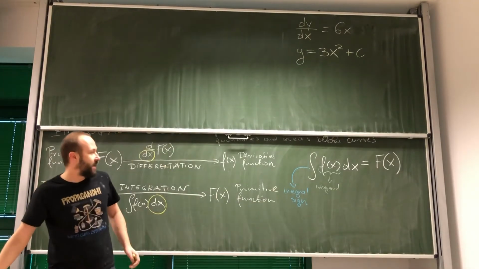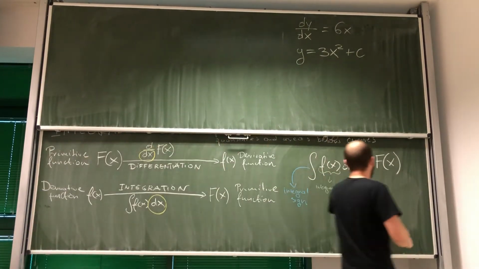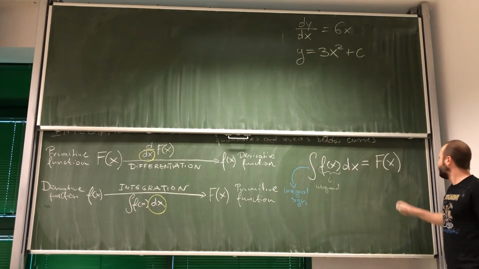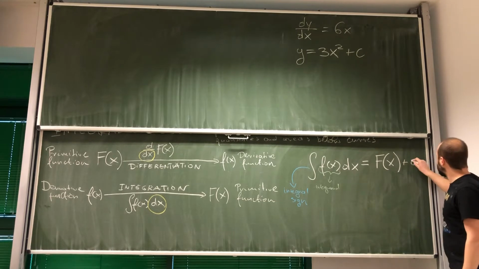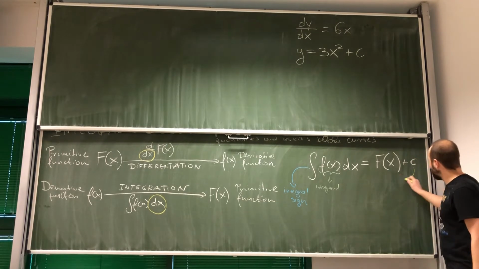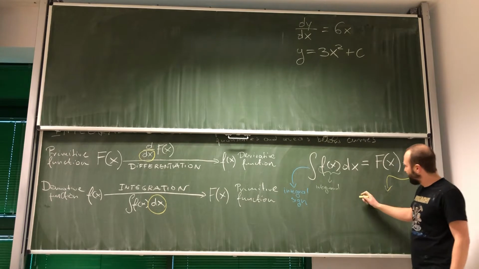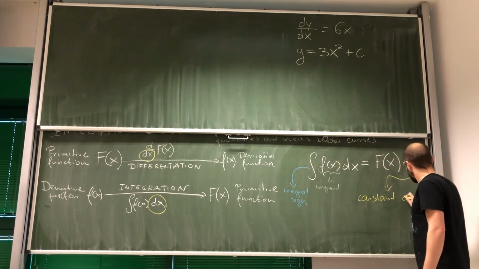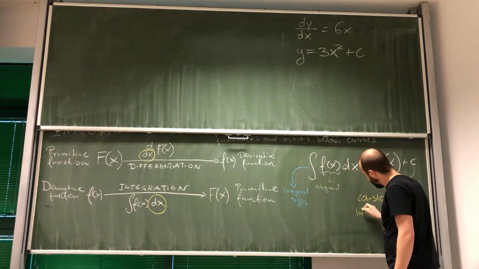Because every time we integrate, we are obtaining a family of functions that give a given derivative. So we need to finish with plus c, and the c we call the constant of integration.